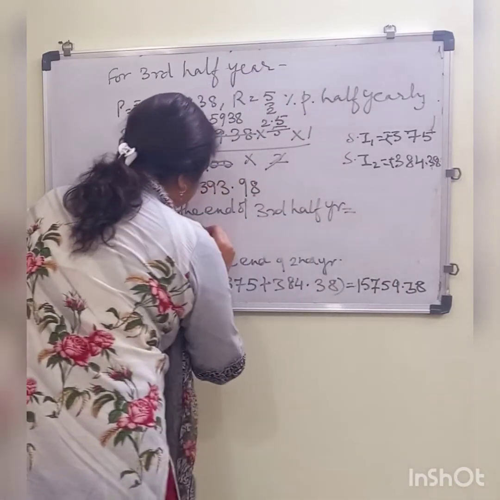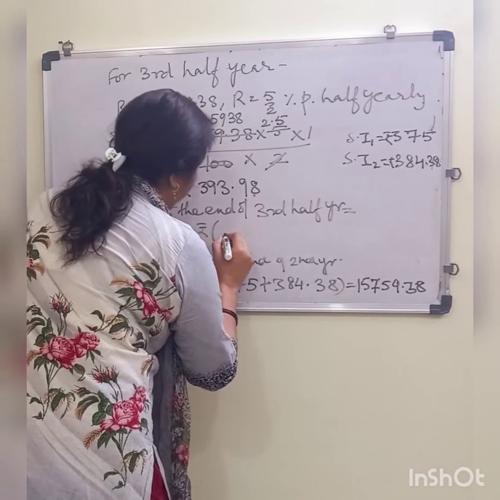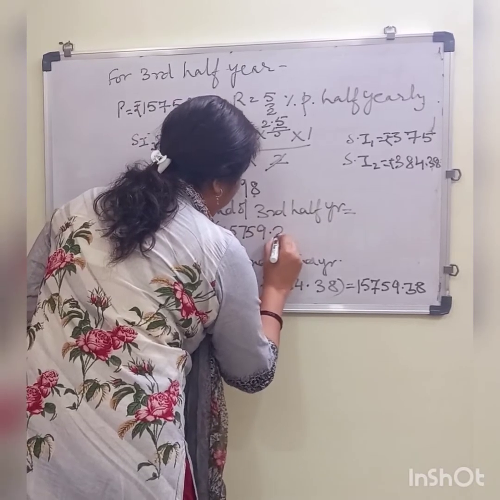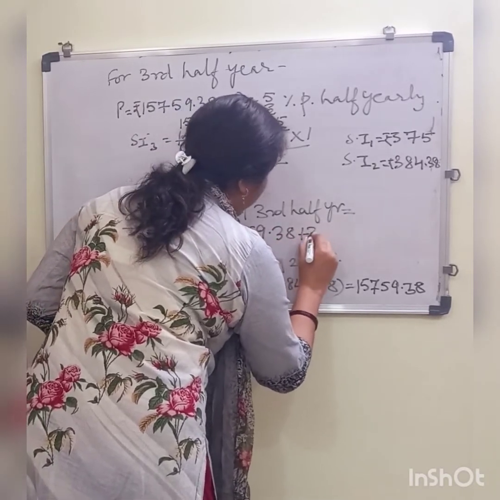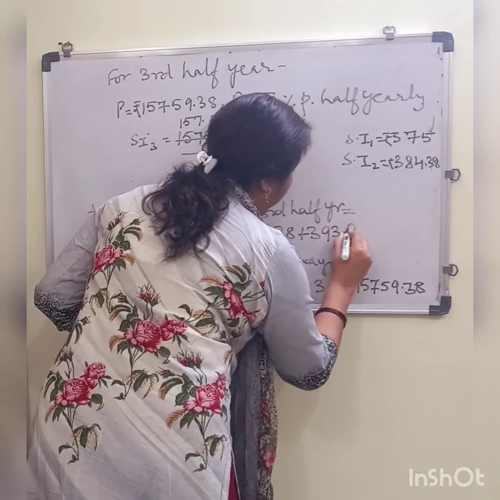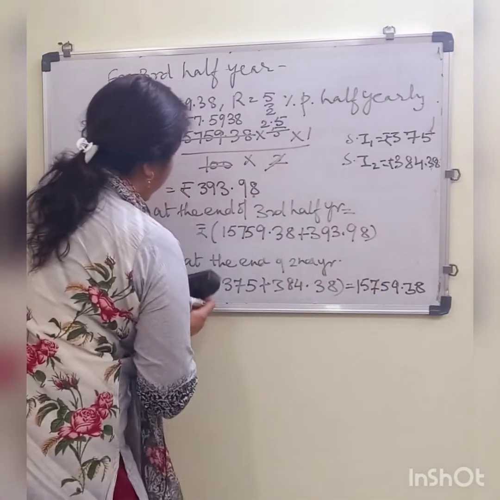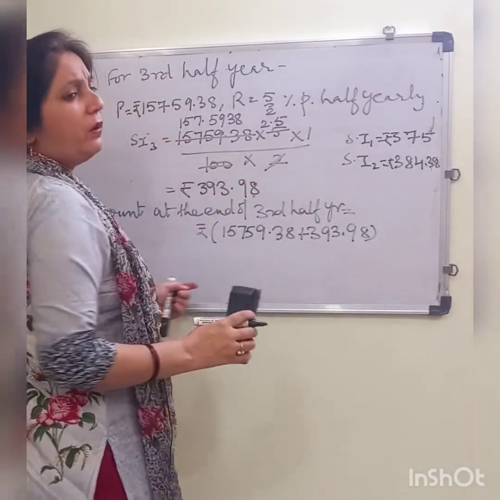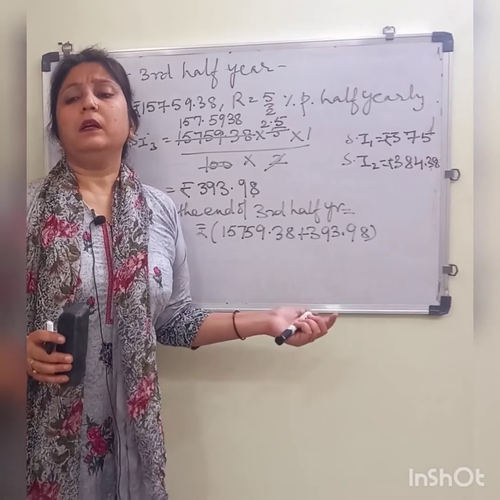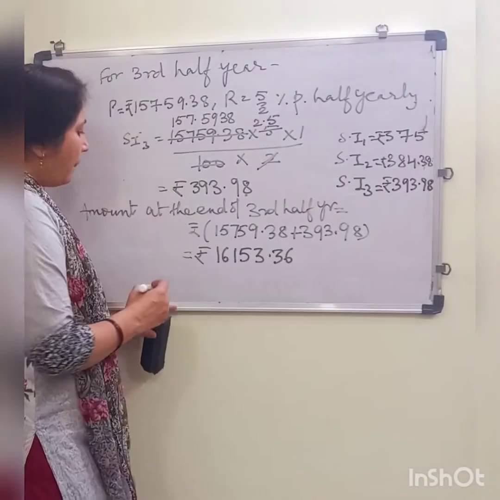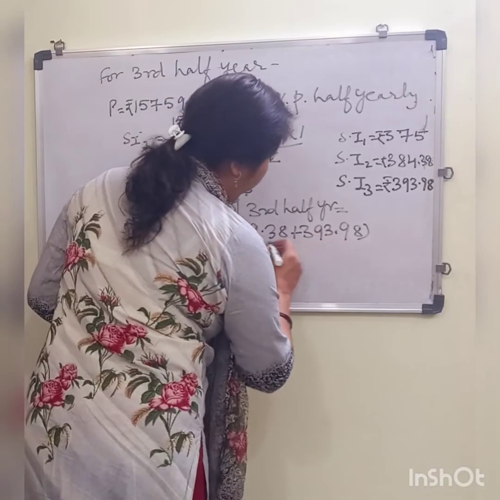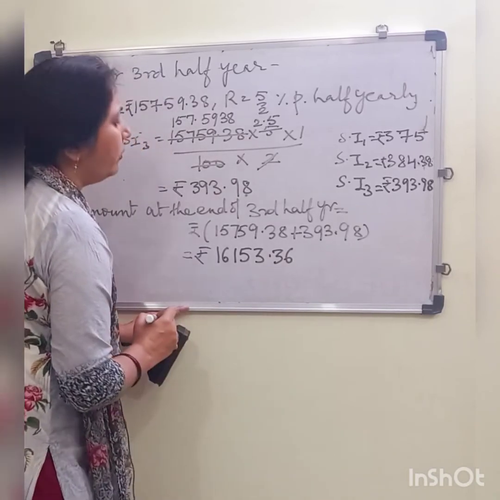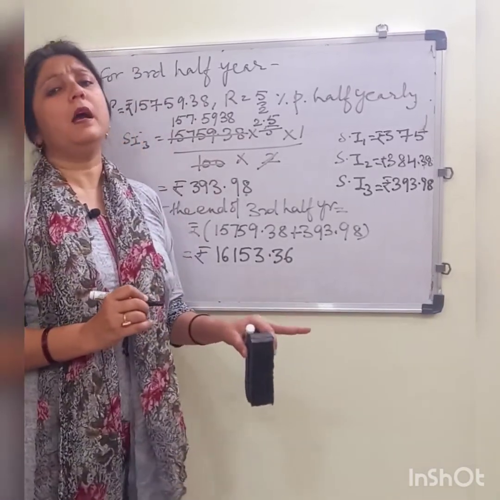that is, children, what was your principal? 15,759.38 plus 393.98. This will be the amount for the end of third half year. When you add, you will get 16,153.36. This is your final amount.